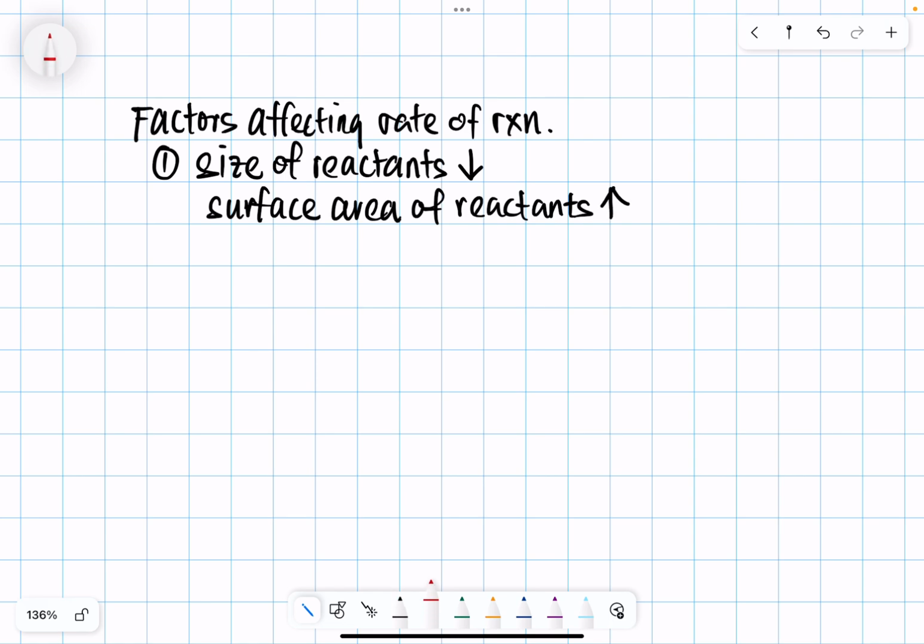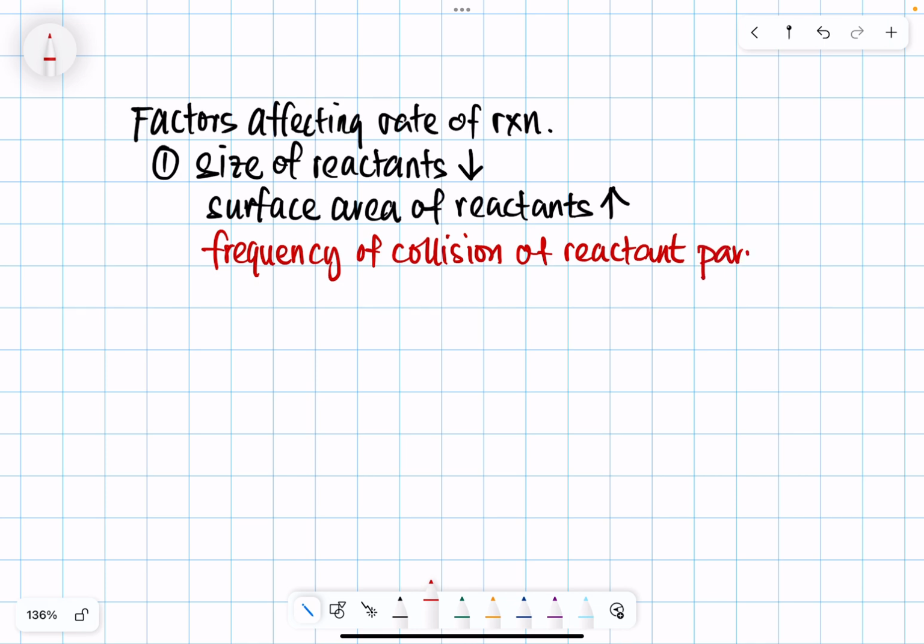Now, the next thing we can do is start to explain this with the concept of the collision theory. When we have a smaller size of reactant, the surface area of the reactant is going to increase, which means that the frequency of the collision of the reactant particles will start to increase. This is the point where you can implement the collision theory.